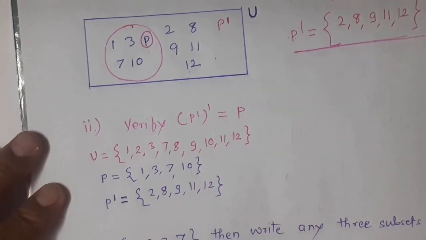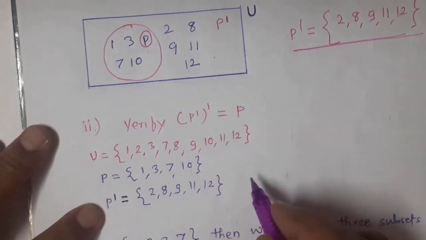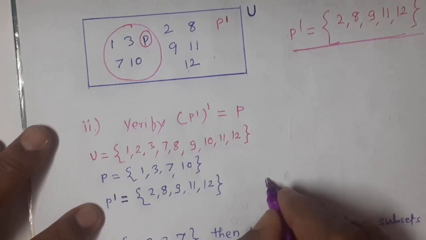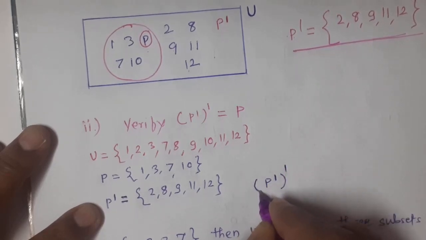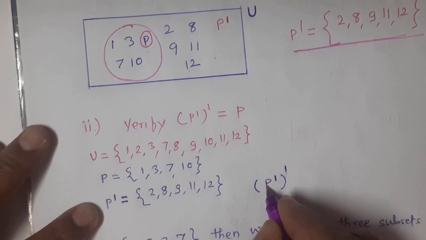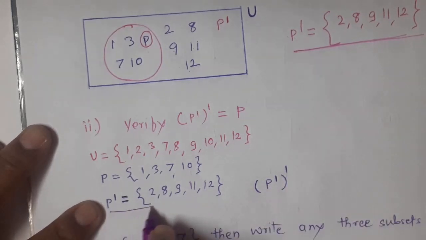So when we calculate that, you have to verify that we have now calculated the complement of P. When we find the complement of the complement, when we calculate P's complement, it is this.